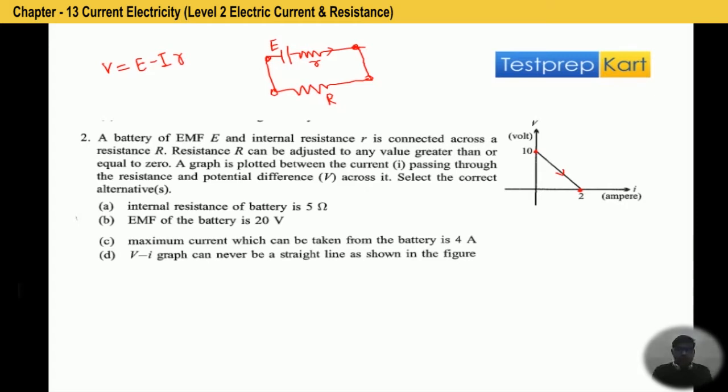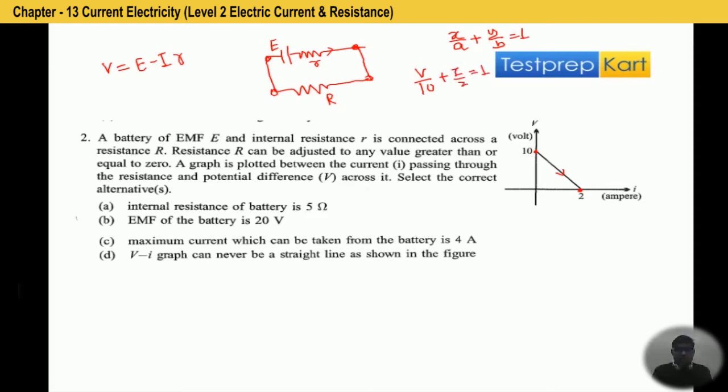The equation in intercept form is x upon a plus y upon b equals 1. Similarly, we can write V upon 10 plus I upon 2 equals 1.